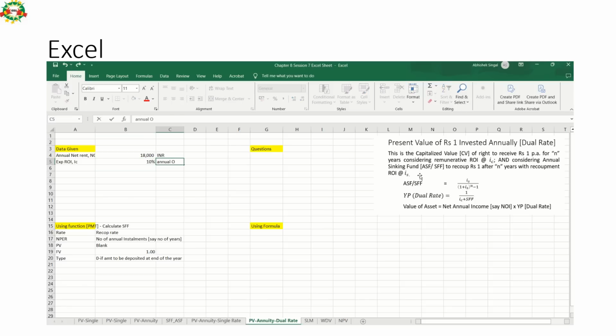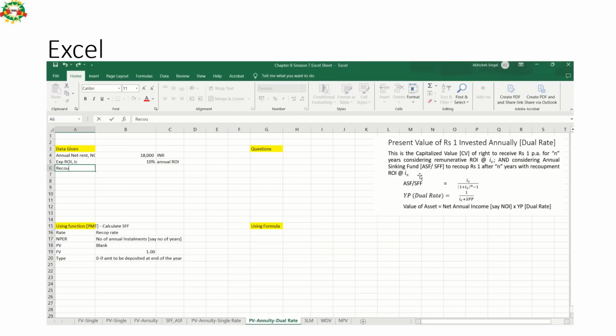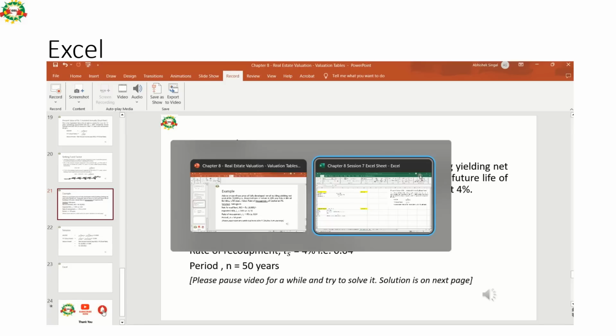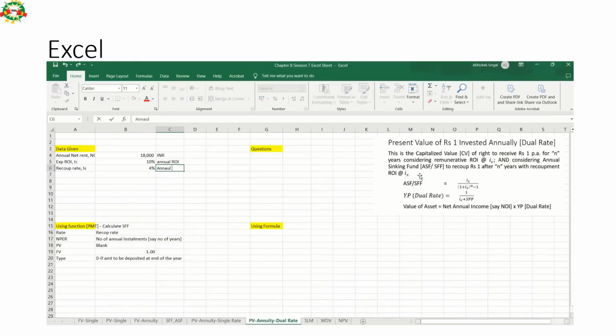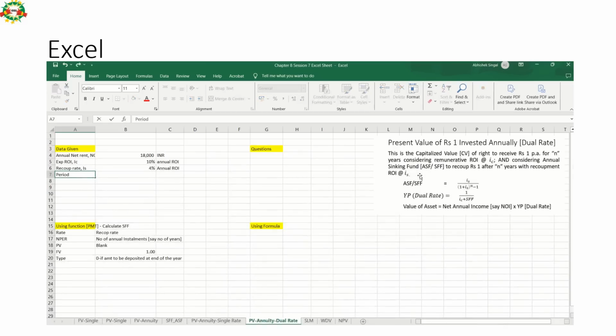Then the recoupment rate, recoup rate, is 4% annual ROI. And then last is the period, 50 years.